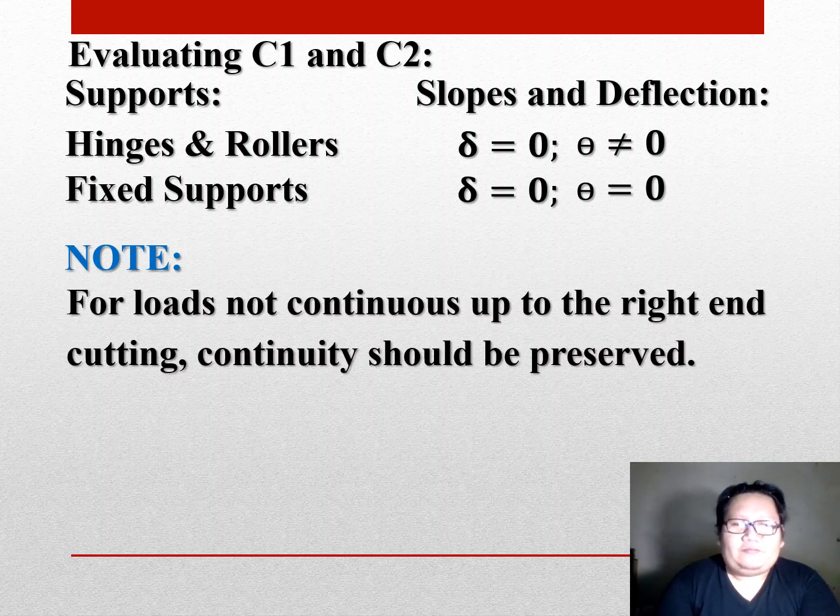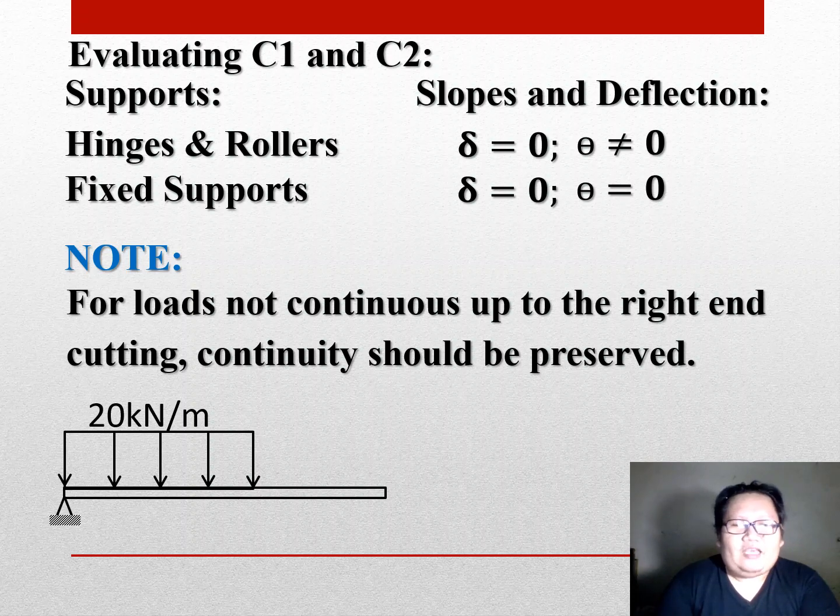Always remember, for loads not continuous up to the right end of cutting, continuity should be preserved. How do we preserve continuity? For example, if this load of 20 kilonewtons per meter is not continuous to the rightmost end, what we're going to do is supply the discontinuity loading.